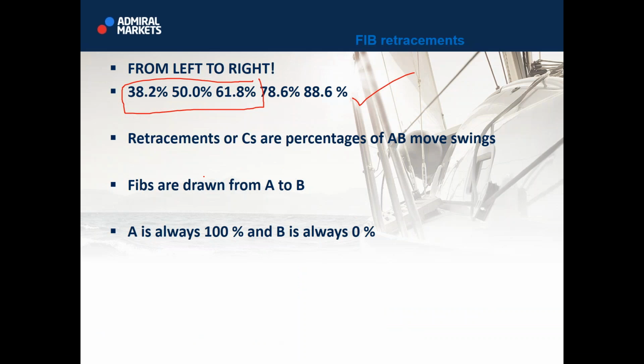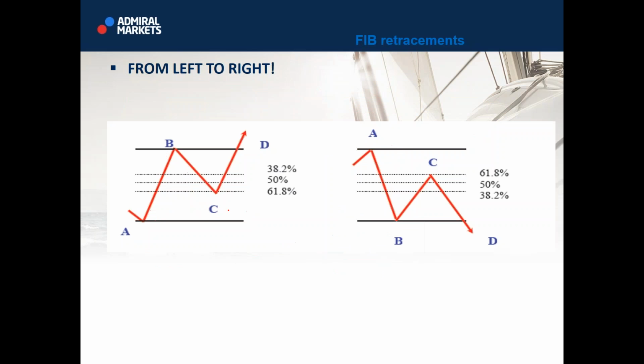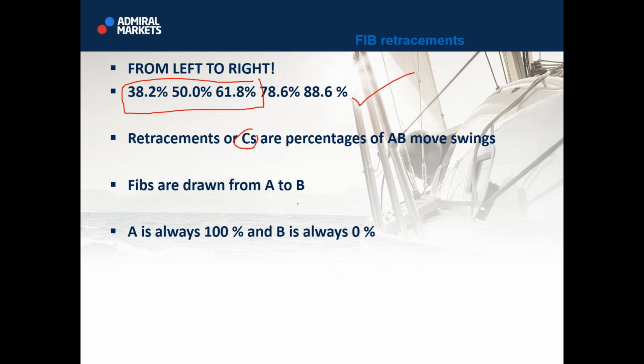So retracements are percentages of AB move swings. We are calling it C. It's simple, ABC. So C is a percentage of retracement of the AB move swings.